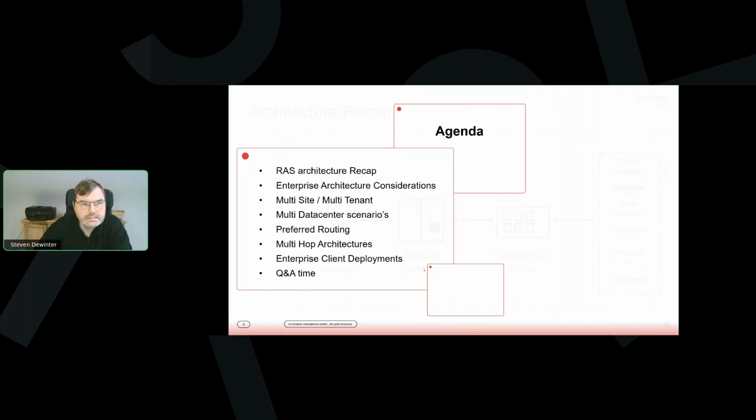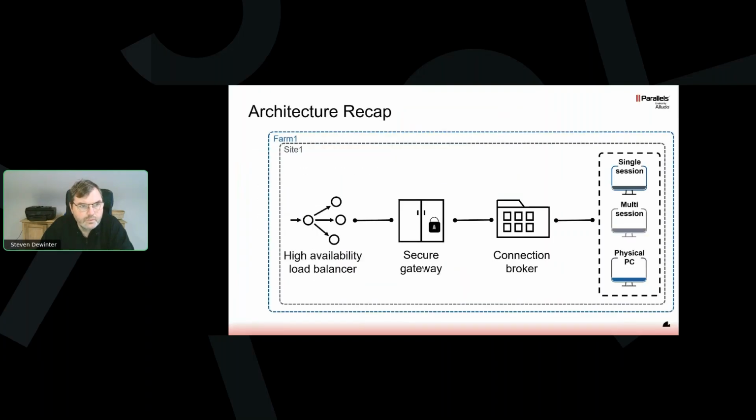But let's start with a 1 minute quick recap of the Parallels architecture. For those of you who are not super familiar with Parallels RAS, it has multiple components, and the key components are what we call the secure gateways and the connection brokers. These are the mandatory components that you need in any design or implementation you do with Parallels RAS.